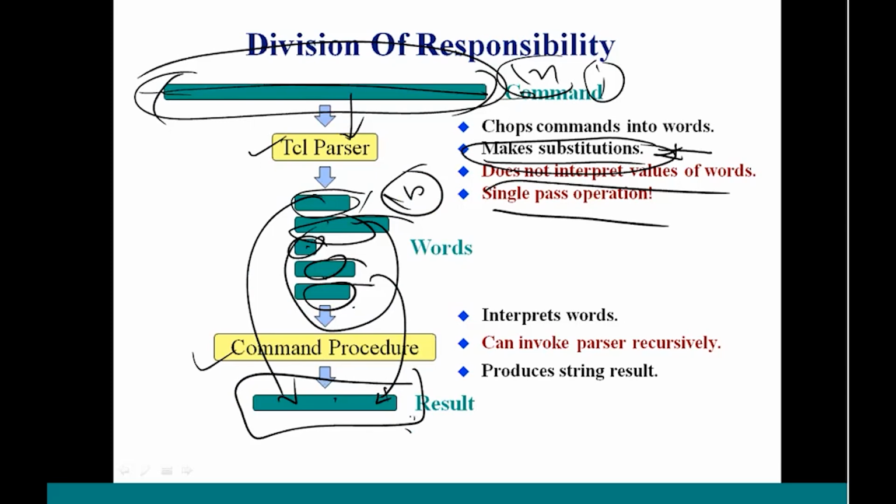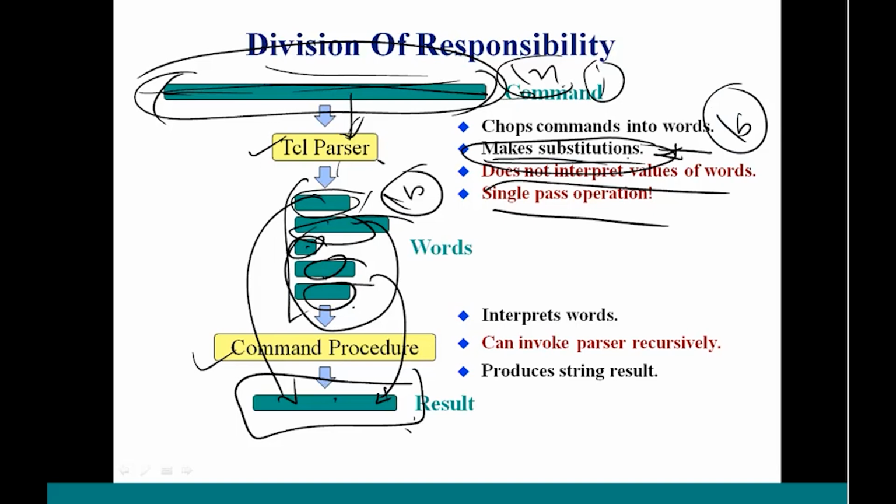Now let's look at how this entire process works. Just to recap, there is a division of responsibility inside the Tcl parser. Once the parser gets the command, separated by a new line or a semicolon, it separates the whole command into multiple words. This chopping is based just on the blank space, and it also makes some substitutions, which we will see.